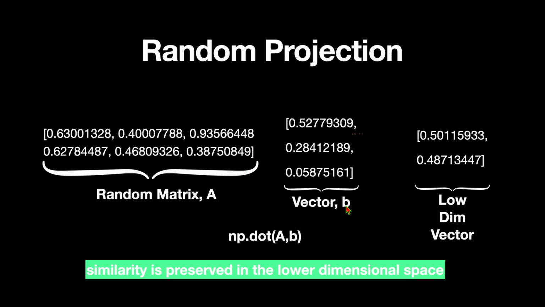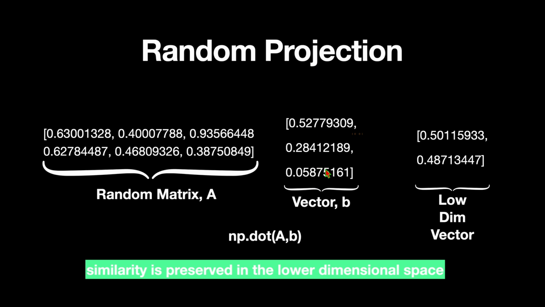In this example, the vector whose dimension we want to reduce is a 3 by 1 vector, and the random projection matrix is a 3 by 2. By just doing a dot product of A with the input vector B, we have reduced the dimension to 2.